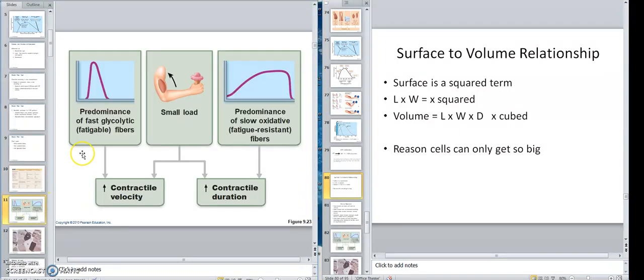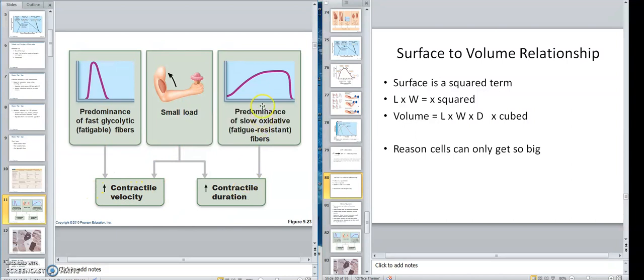Right here, we kind of talked about it, okay? So contractile velocity. Let's think about it. If you have a bunch of fast glycolytic, then it's fast, if the load is small, which means it doesn't take a lot, because in other words, the minute you grab it, you can lift it. Now, velocity is on this side.